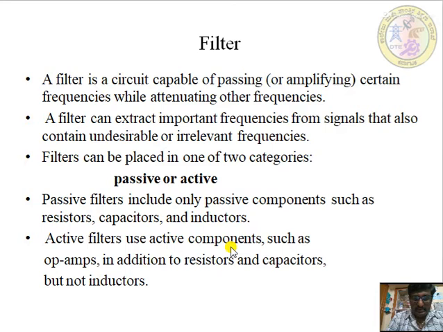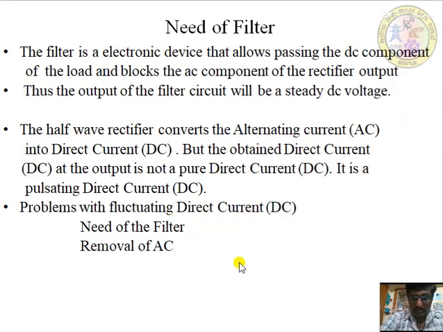That is, in passive we use resistors, capacitors and inductors, but in active, along with the op amp, we use resistors and capacitors, but not inductors.